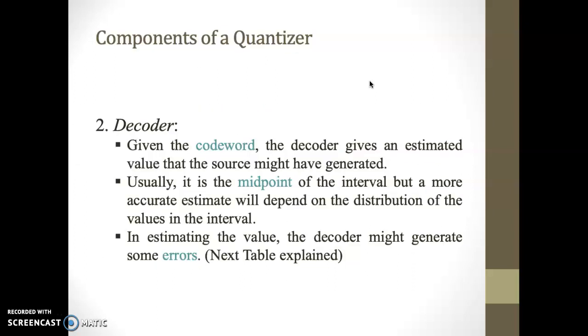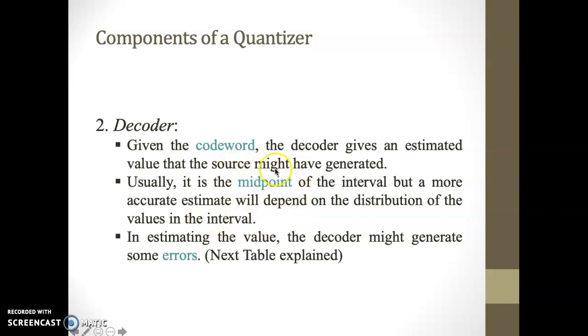Once you encode, you then do the decoder. From the output of the encoder, you have the code word. Given this code word, the decoder gives an estimated value that the source might have generated. This should be the same as the original. Usually it is the midpoint of the interval, but a more accurate estimate will depend on the distribution of the values in the interval.